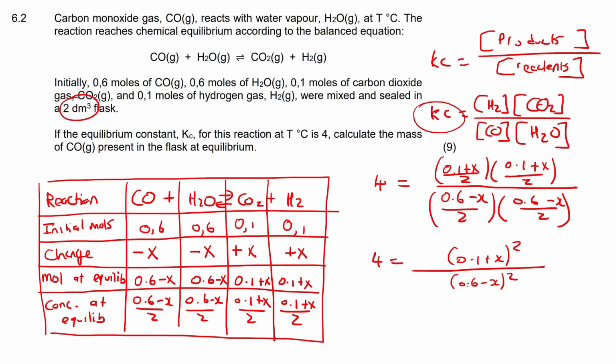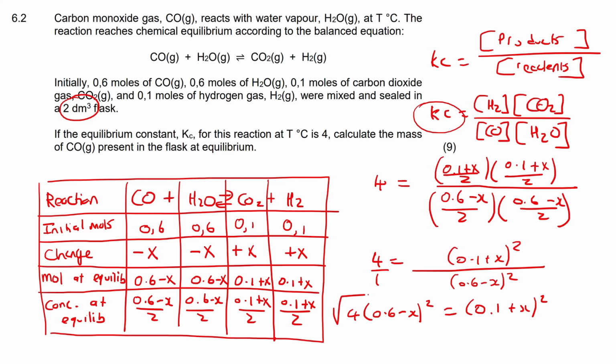What we can then do is just cross multiply. So this is going to end up going there to the 4. And so you're going to end up with 4 times 0.6 minus x to the power of 2. And then on this side, we're going to end up with that over there. I'm really making this nice and short, but if you don't want to and you want to go multiply everything out, you can. It's perfectly fine.